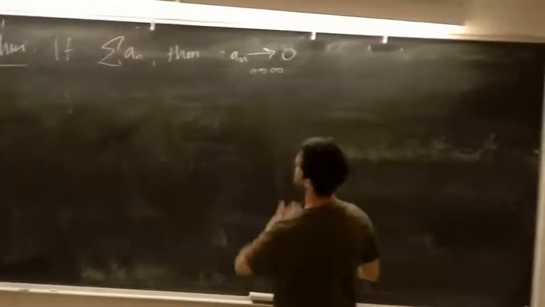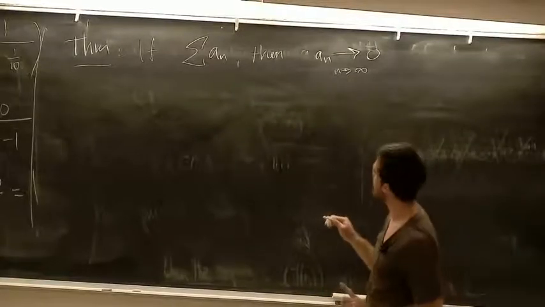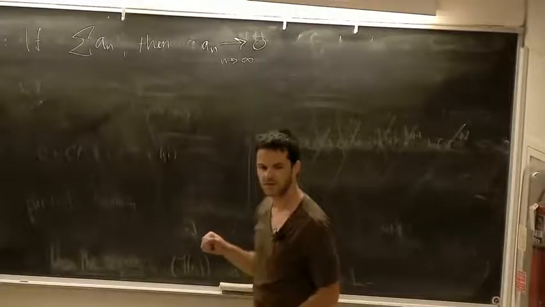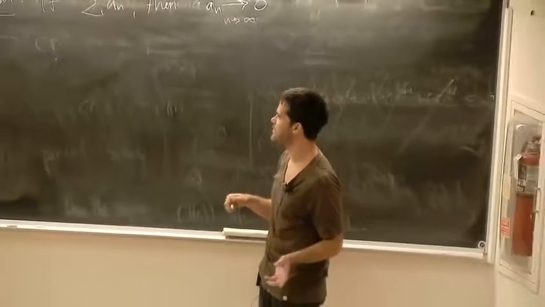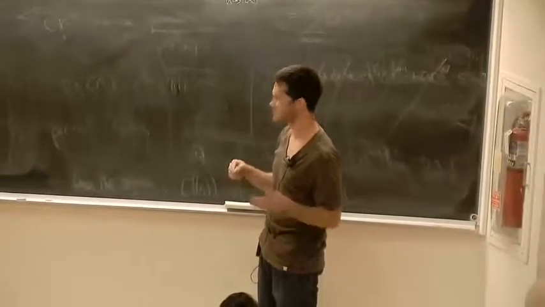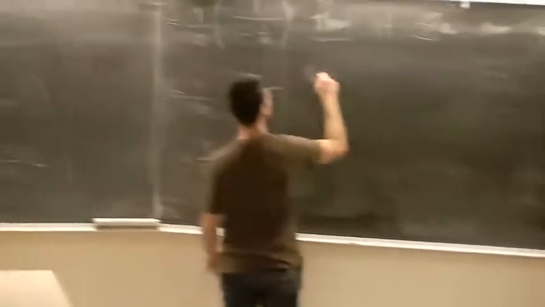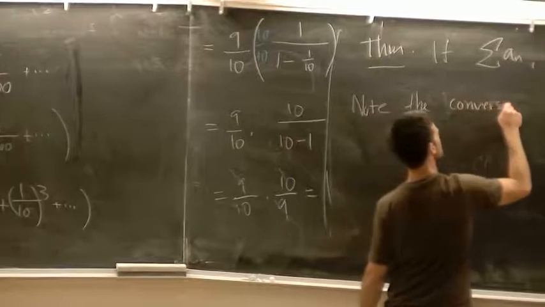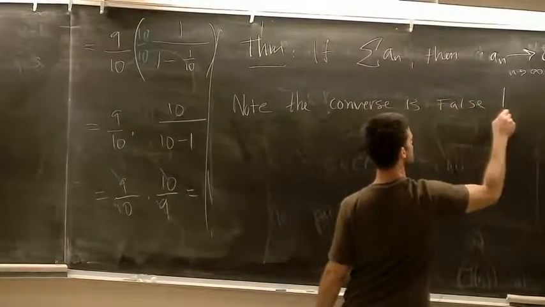This is the only way: if a series converges, necessarily the terms have to go to 0. Now, a super common mistake by students that are learning this right now is to think, oh, I see my terms go to 0, so therefore the series must converge. Not true. So the converse is false.